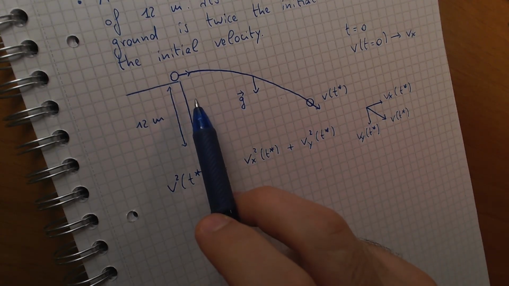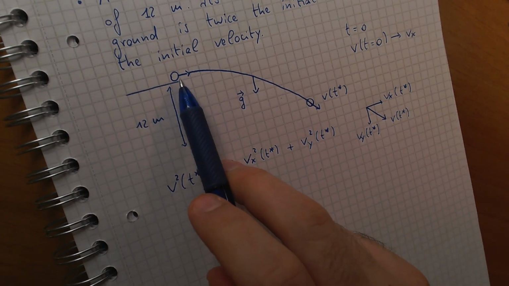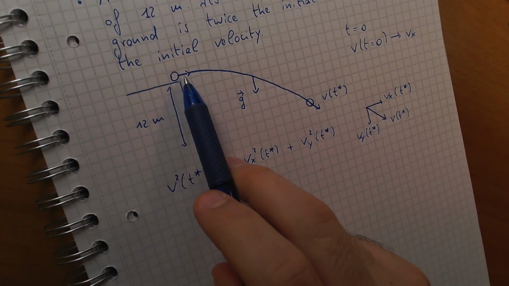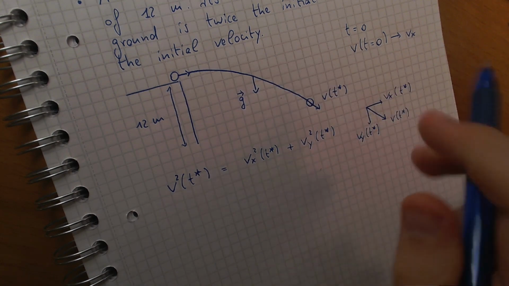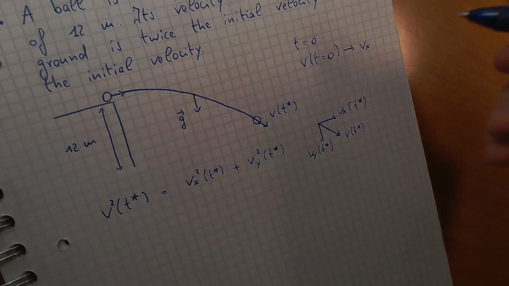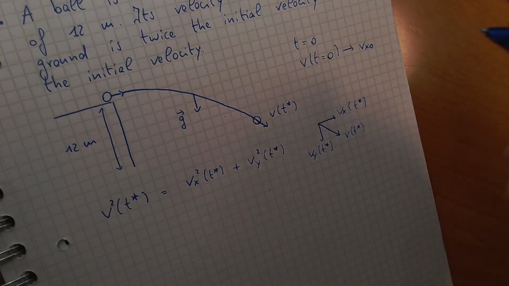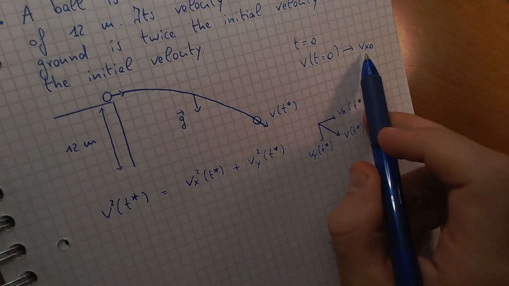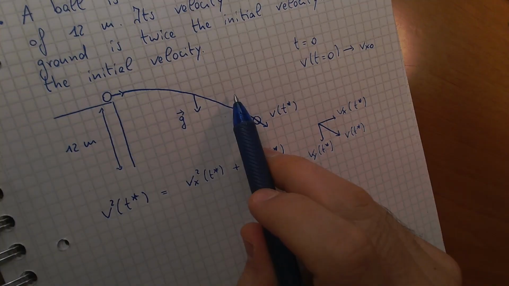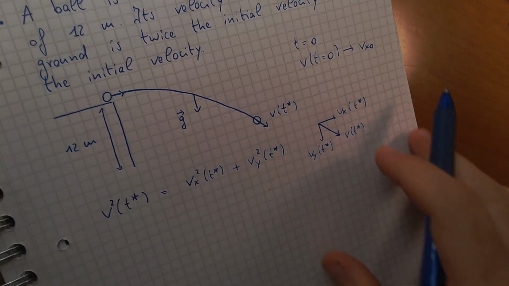So if initially the ball is characterized by a velocity which we can call Vx0, this velocity is the same in the horizontal direction at every moment.